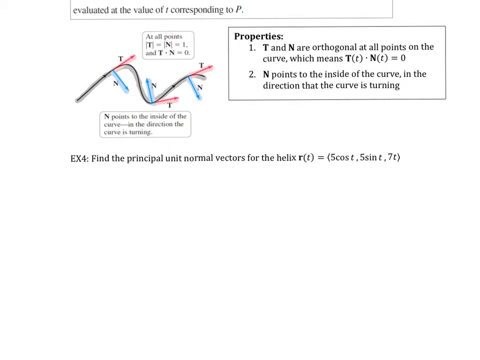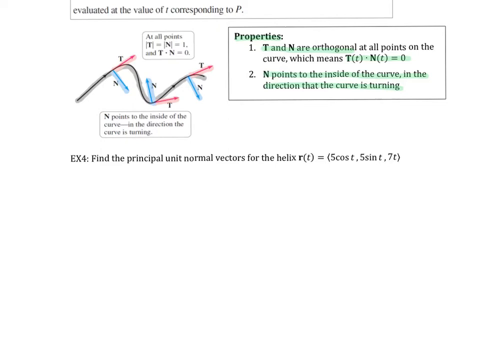And something to note is that the normal vector is pointing in the direction that the curve is turning. And that would be in these properties in this box. Tangent and normal vectors are orthogonal. So what that means is that when you take their dot product, it's 0. This normal vector points to the inside of the curve, so it's in the direction that the curve is turning.